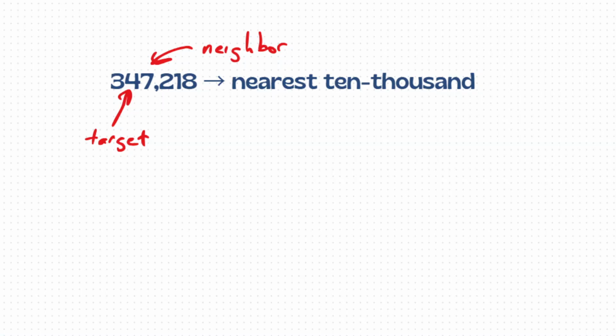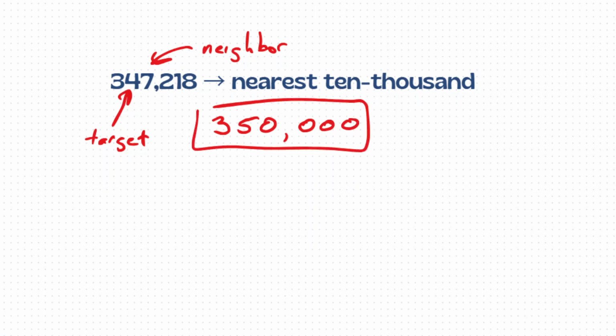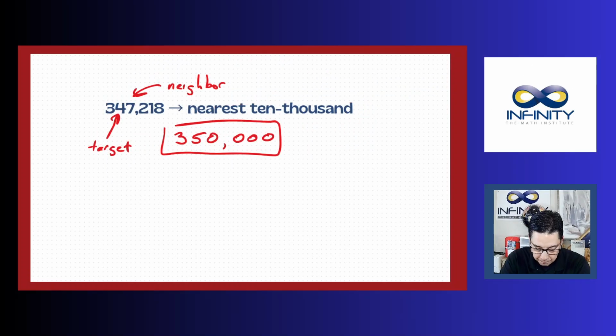So those of you who wrote this in the chat were correct. The 4 will become a 5, so it's 350,000 with the rest of them just zeros. That's how you round 347,218. You round it up to 350,000.